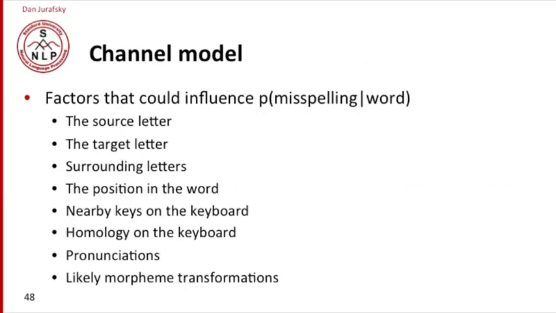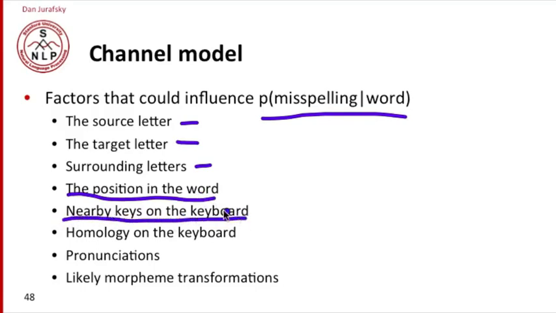And in fact, we could consider a very large number of factors that could influence the probability of a misspelling given the word, the channel model. So we've talked about the source letter or the target letter, and maybe one surrounding letter, but we could look at more surrounding letters, or we could look at the position in the word. Maybe some errors happen in the middle of the word, some happen at the end. We might explicitly model the keyboard and talk about nearby keys on the keyboard, or homology.